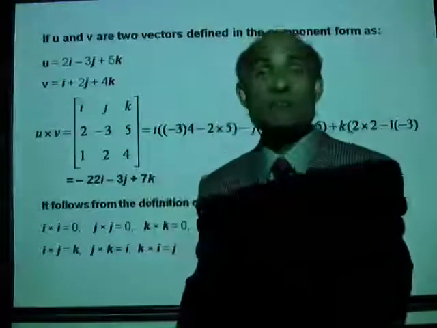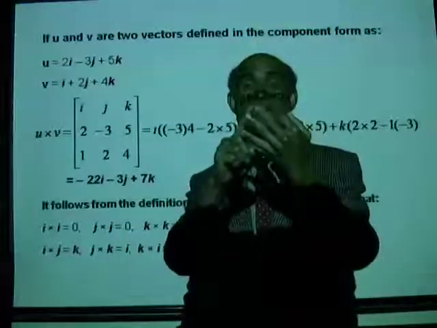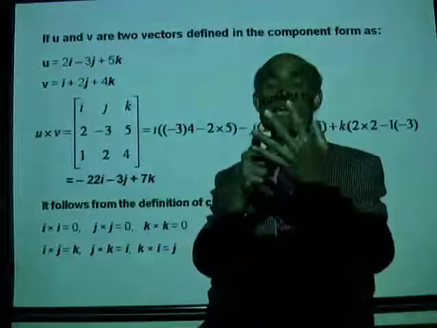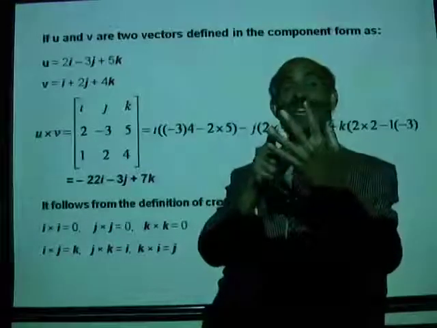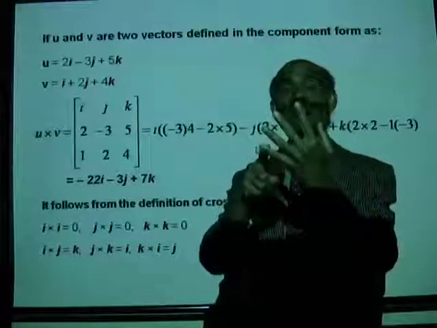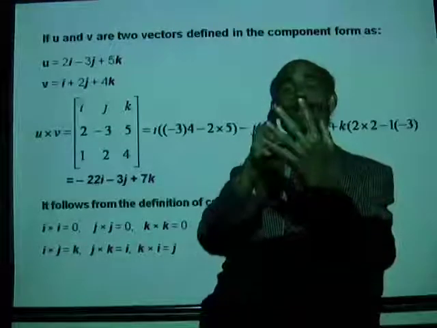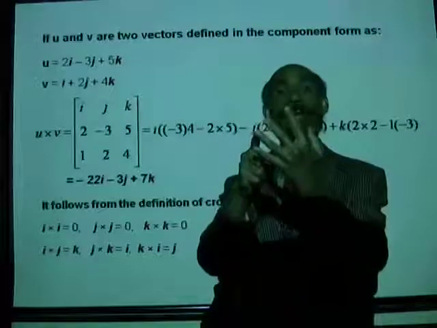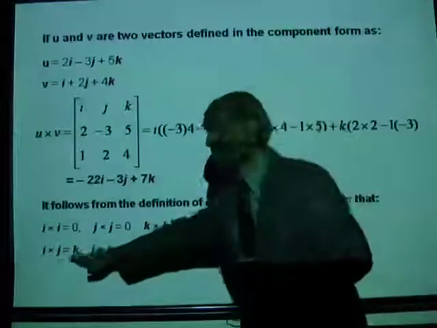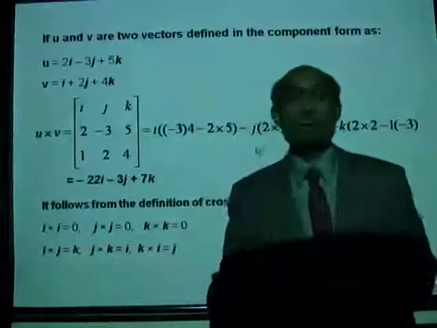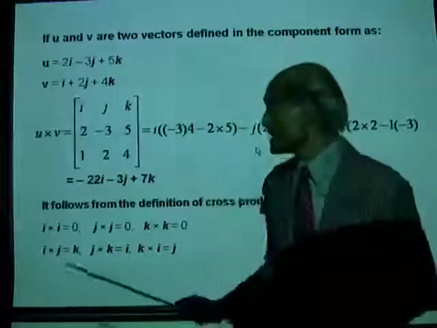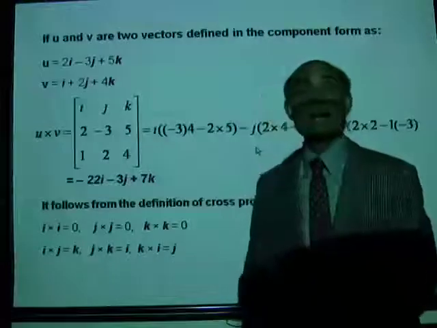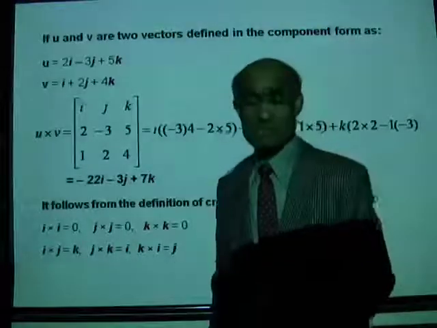You see, it's easy to remember. i, j, k: i cross j equals k. j, k, i: j cross k equals i. i, j, k, i: k cross i equals j. Now, it's good to remember that. i cross j equals k, j cross k equals i, and k cross i equals j.